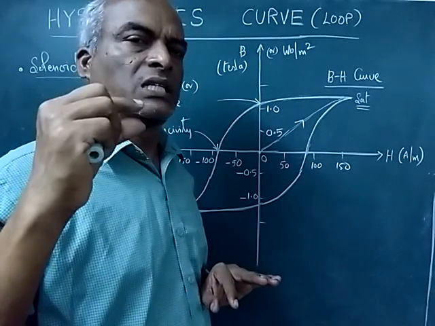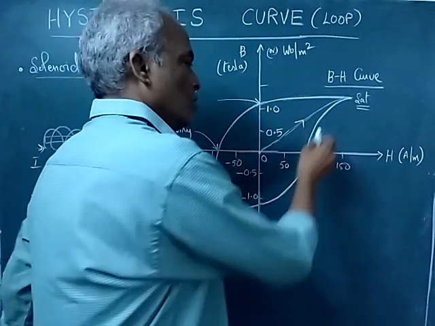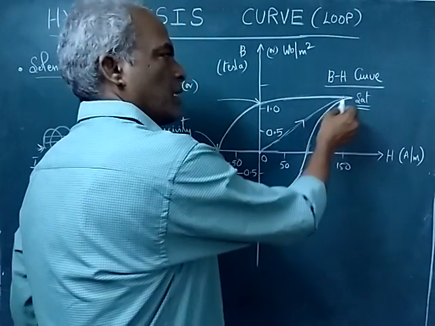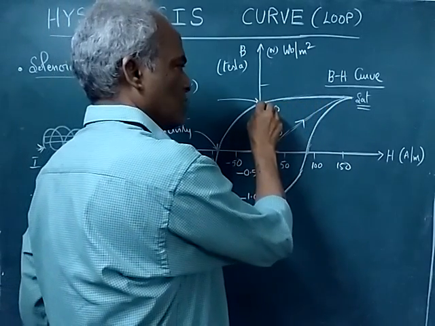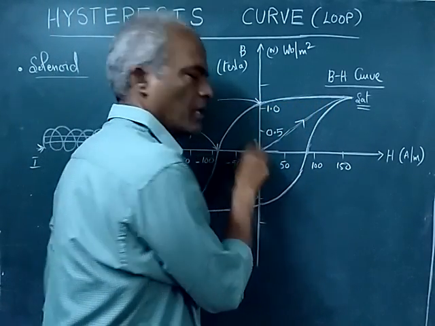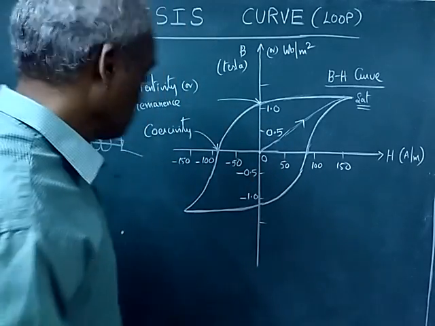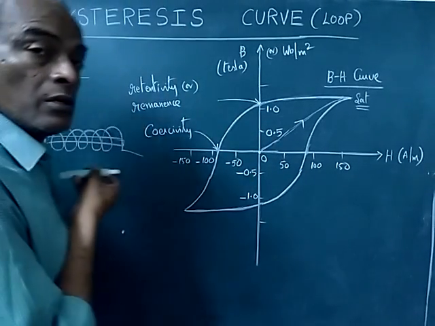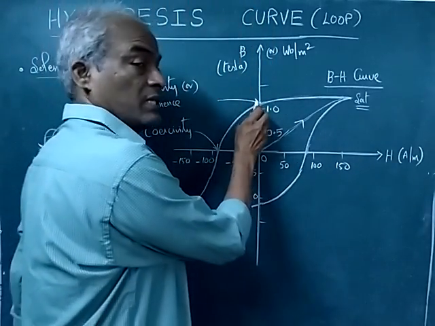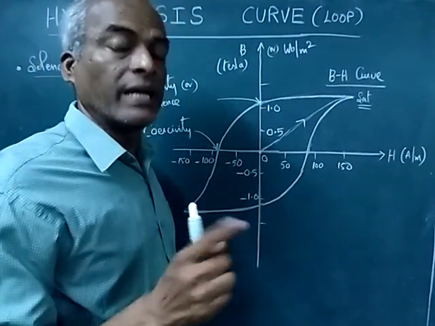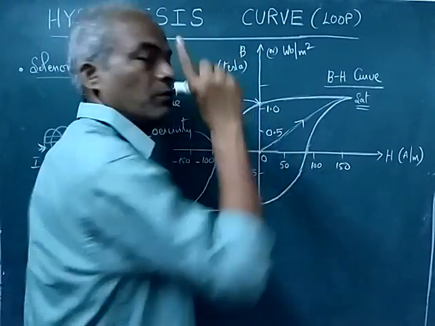As you keep decreasing the current, the magnetic flux density slightly decreases and touches one point. At this point, the current flowing through the coil is zero, but the magnetic flux density is not zero. It has some value.